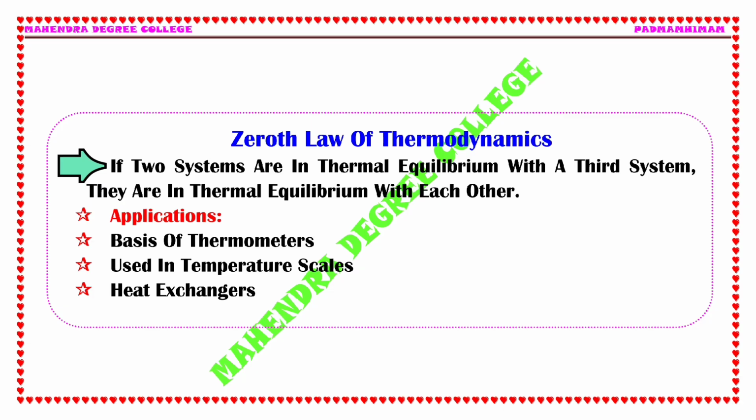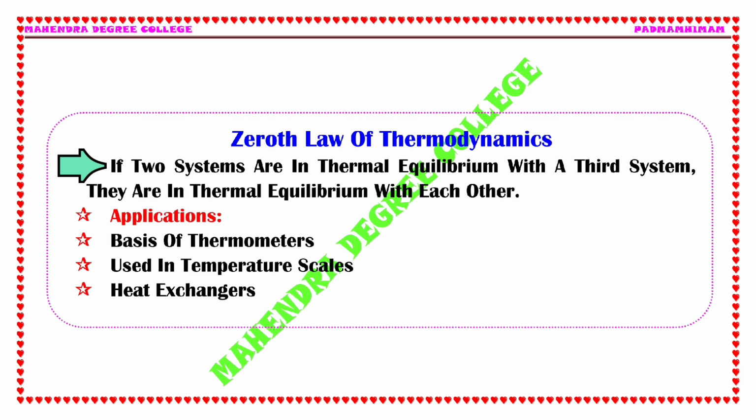Suppose you put a thermometer in hot water. After some time, both show the same temperature. Now, put the same thermometer in a glass of milk. It also shows the same temperature as before.